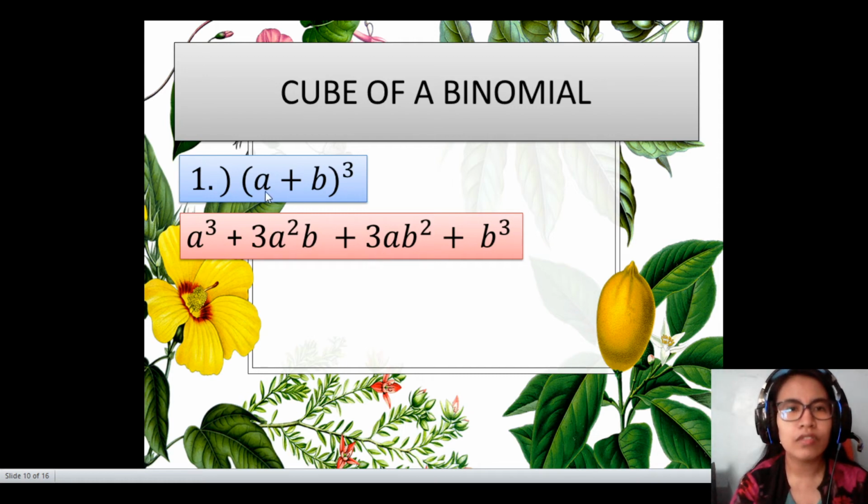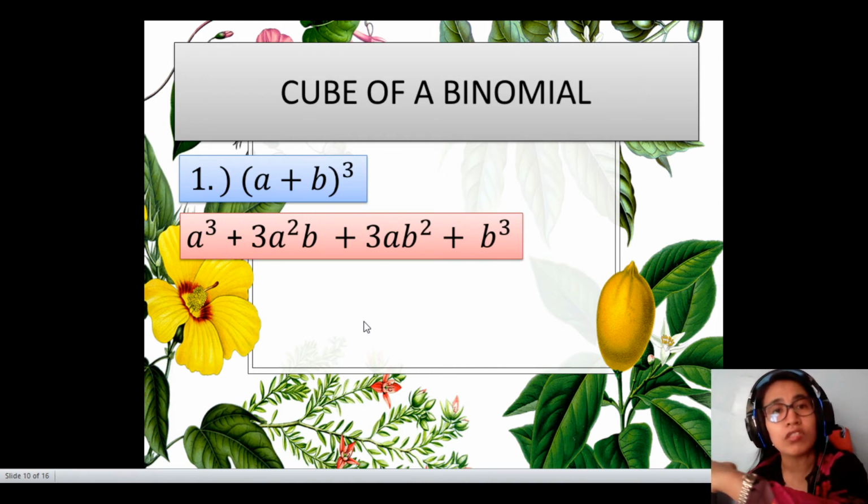Next, we have 3 times a times the square of the second term. So you have 3ab squared. Then for the final term, you cube the last term. You will have b cubed. So again, it has a pattern. And if your given is positive, all your answer will have a positive sign.